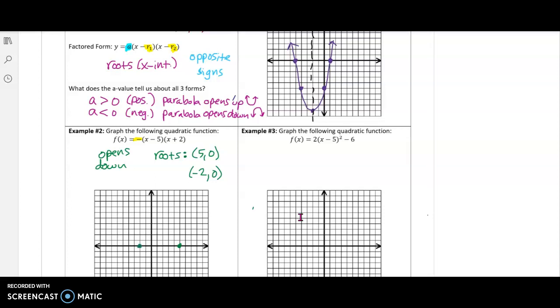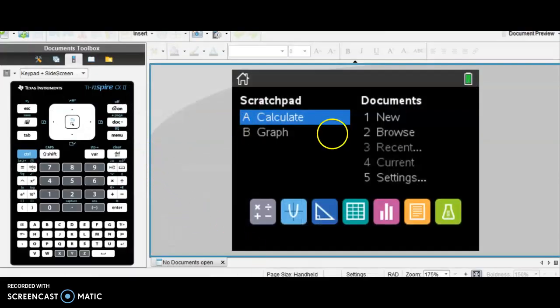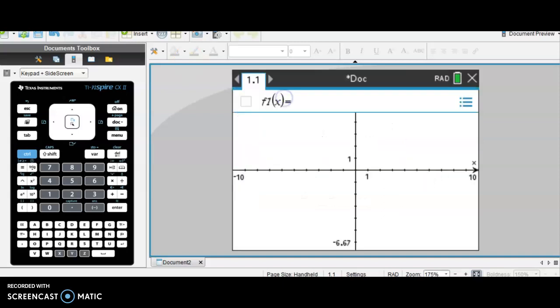Now to get other points, that's where the calculator comes in handy. I'm going to go ahead and open up the Inspire calculator for us to look at. So when I'm on the screen, the best thing you can really do is go to New to create a new file, so you don't have to worry about saving things. Here, I'm going to add a graph.